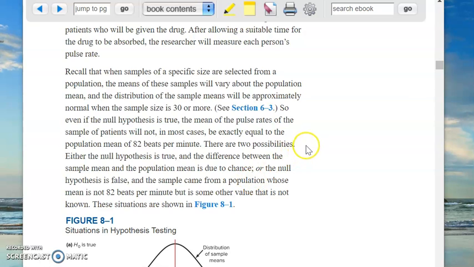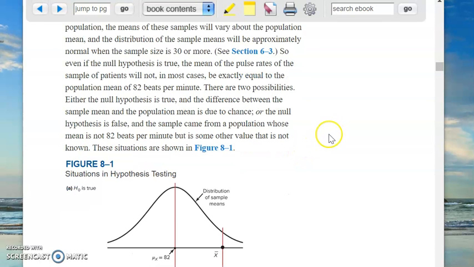Now if that x bar is not equal to the 82, then there are two possibilities. Either the null hypothesis is true and the difference between the sample mean and the population mean is due to chance. There's no difference between taking this medication and not taking this medication.